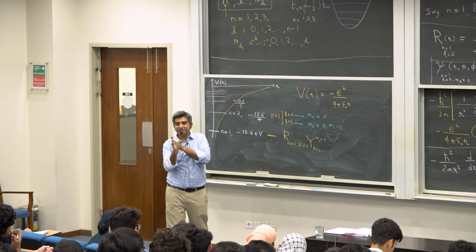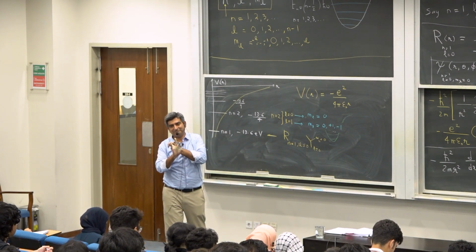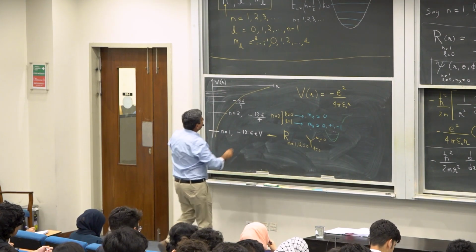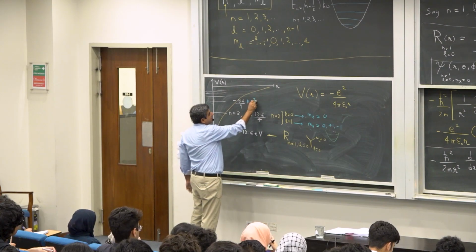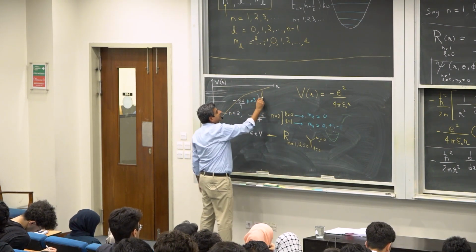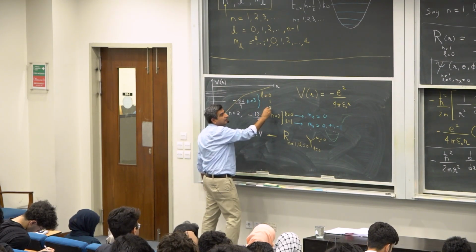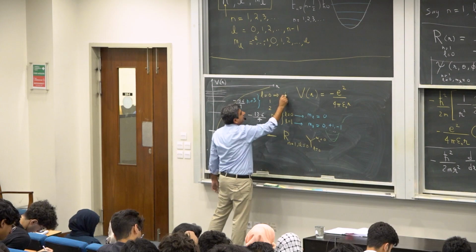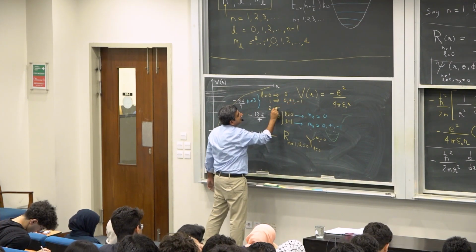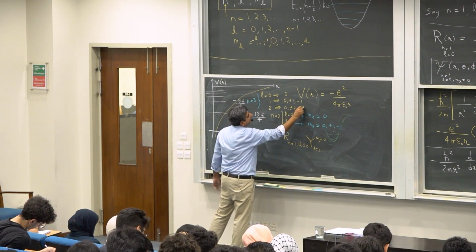1 3s, 3 3p and 5 3d. How? Because if n equals 3, L can be equal to 0, 1, 2. ML could be 0; 0, plus 1, minus 1; and 0, plus 2, minus 2, plus 1, minus 1.